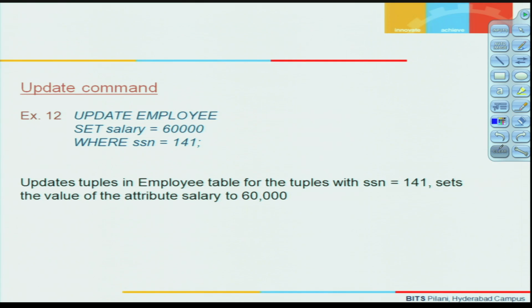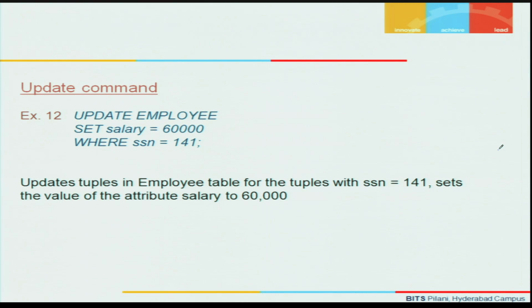Then similarly, we can also update values under some columns for tuples of some relations. Suppose I would like to update the salary of the employee with the SSN 141 to 60,000. How can I do that? Update employee table set. The set is the keyword that needs to be used. Set which attribute value, the salary attribute value, and what is the new value, 60,000, and for what kind of tuples in employee, that needs to be specified in the where clause, where SSN is equal to 141.